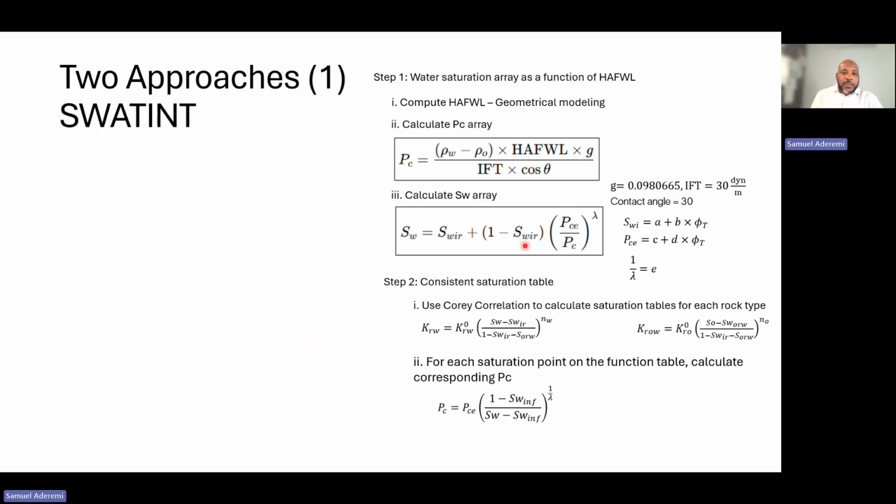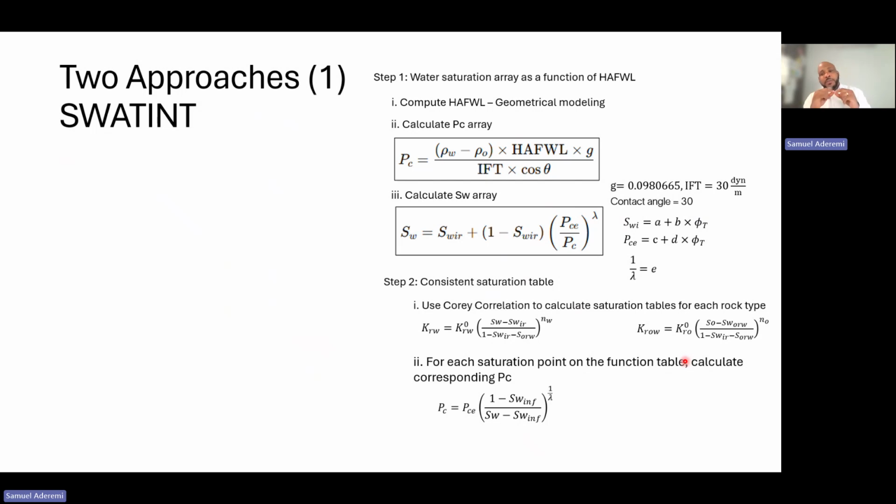In order to do that, you're going to get this expression and these two equations for relative permeability of water and relative permeability of oil, which are correlations that also depend on the endpoints, including SWIR and some of the parameters that we have from the core data.